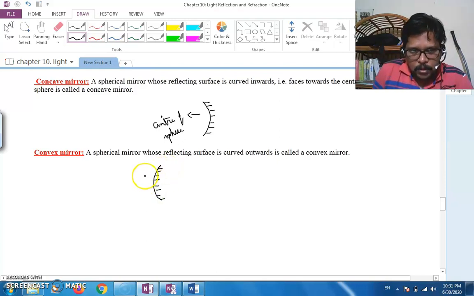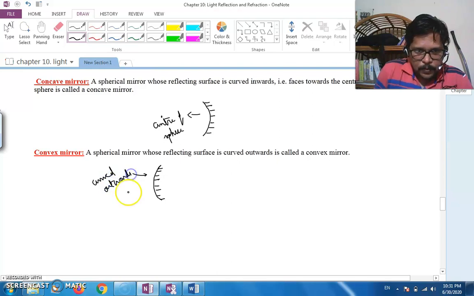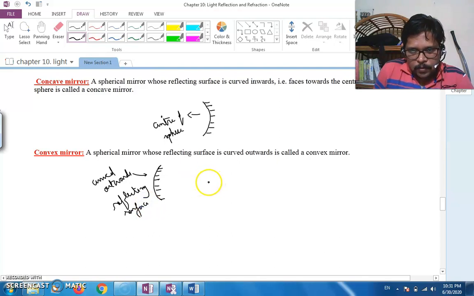So this is the outer, curved outwards. So this becomes the reflecting surface, or bulge surface. So outside, this will be our center of the imaginary sphere. Okay, so I'm going to mention it with C here.